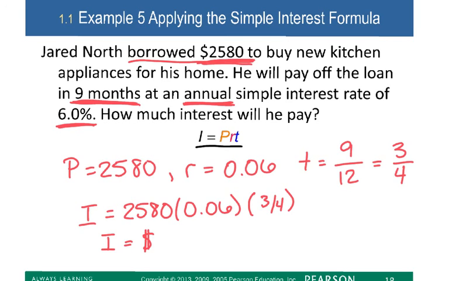And in all dollar amounts, I only want you to round to the nearest 2 decimal places, so the nearest cent. This is what I end up getting. So in interest, Jared will pay $116.10.